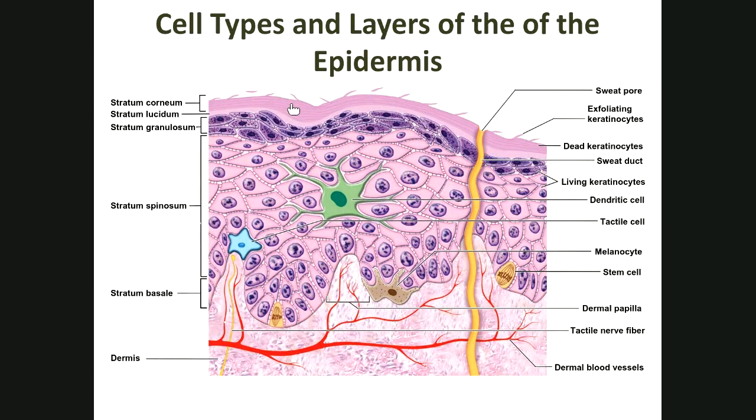The stratum corneum has a dry appearance, has a dry surface, and it can help our skin to be waterproof. It can protect our skin, and this environment is very unsuitable for microorganisms to grow. So we don't have any growth of dangerous microorganisms on the surface of the skin.